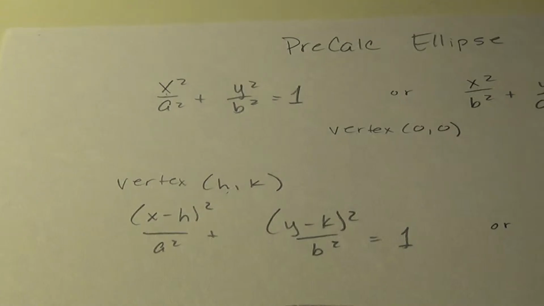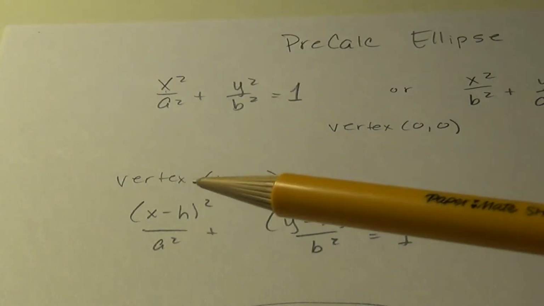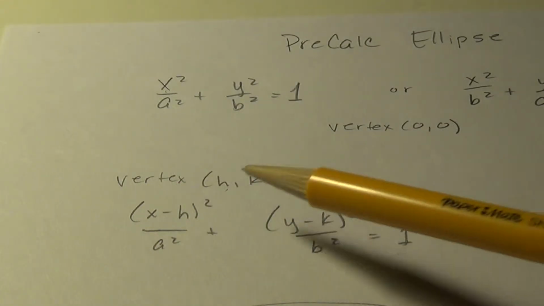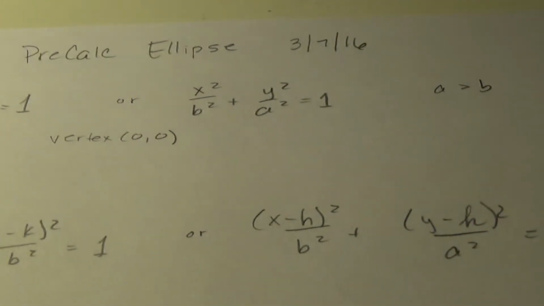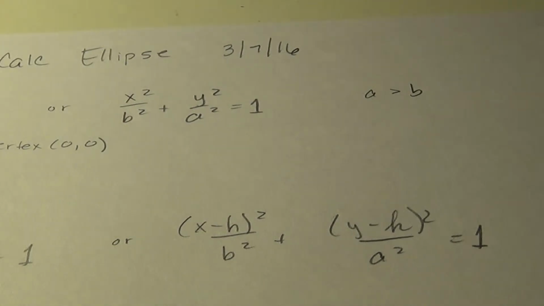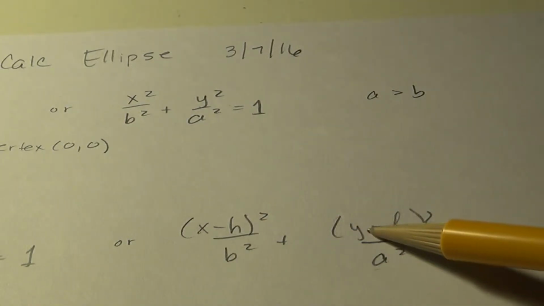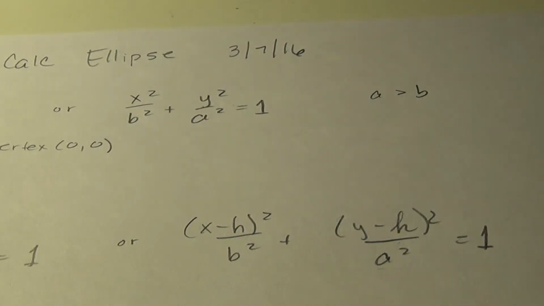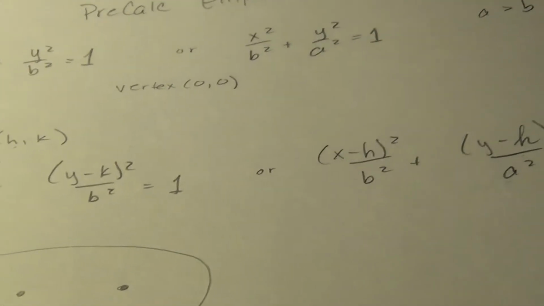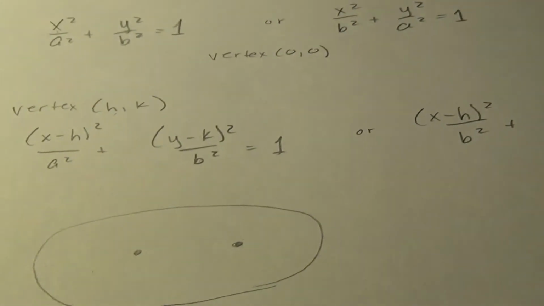It can look like that, where a squared is larger than b squared, so this is horizontal. And over here is the other choice. When the larger term is under the y term again, it is vertical. All right, I believe you've seen all that. If not, pause it and get it down.